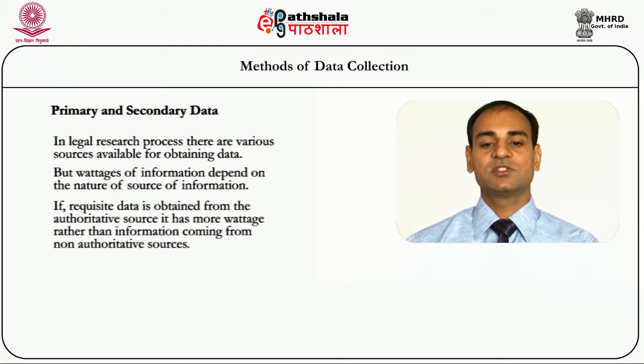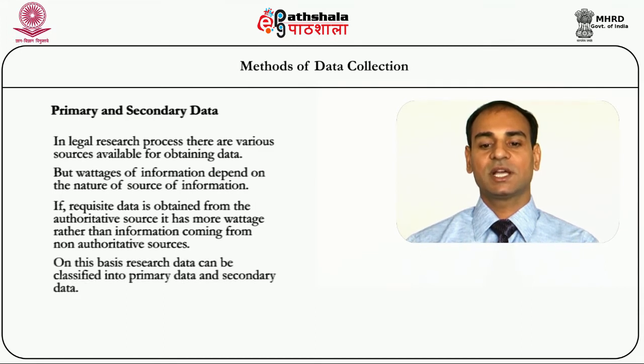If requisite data is obtained from the authoritative source, it has more weightage than the data collected from other methods or non-authoritative sources. On the basis of research, data can be classified into primary data and secondary data.